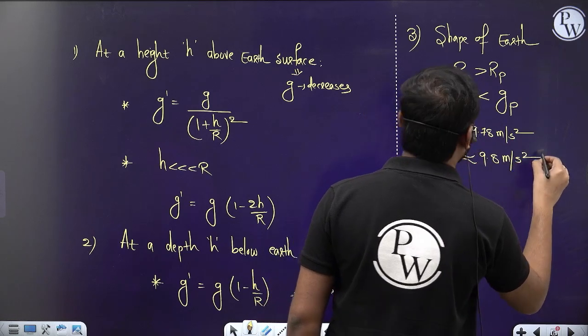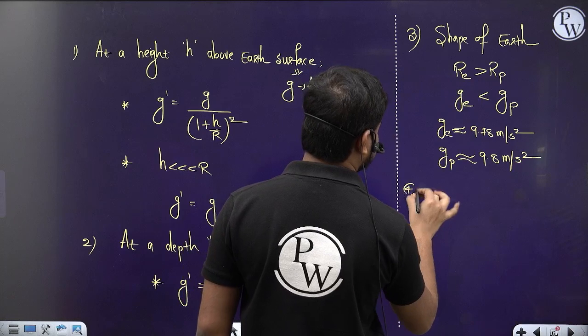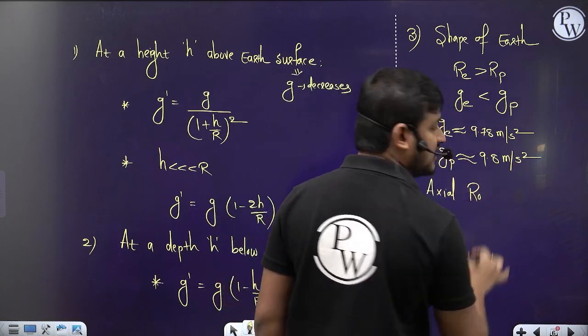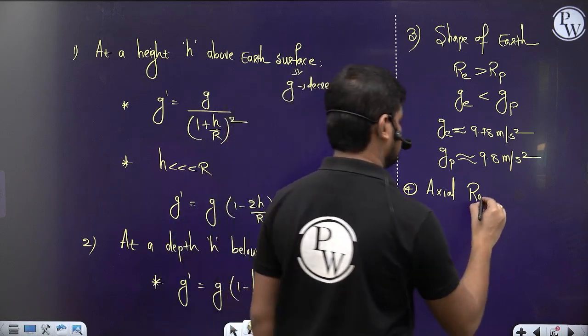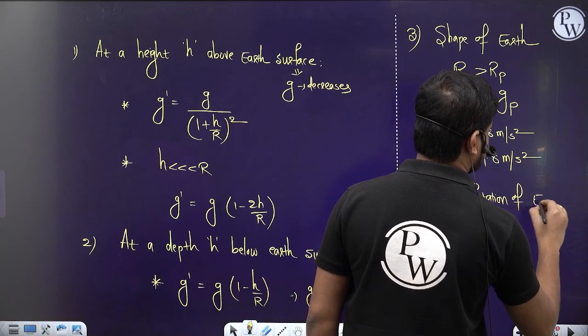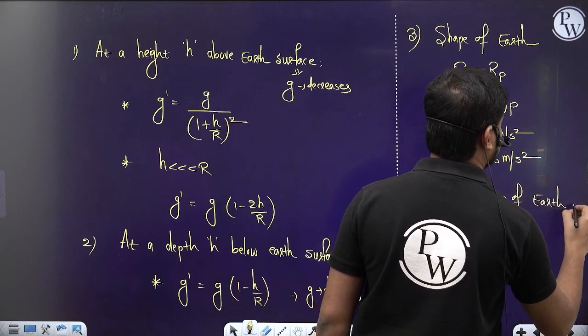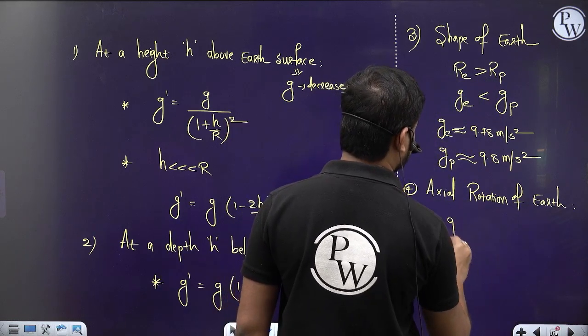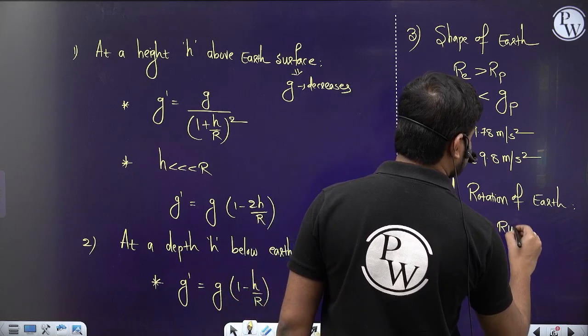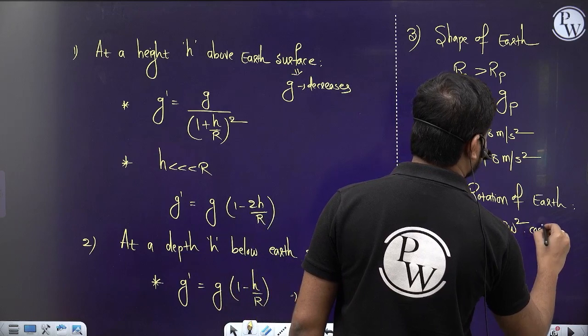And then due to the axial rotation of earth, we can write this g value equals g minus r omega square into cos square phi.